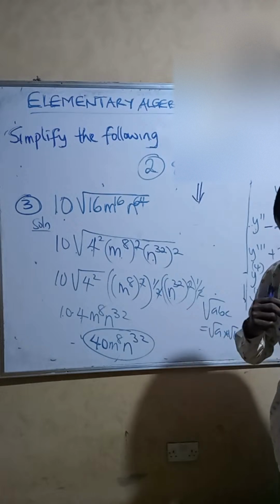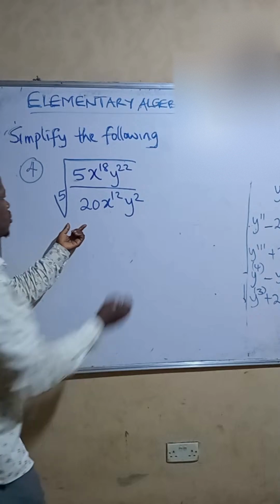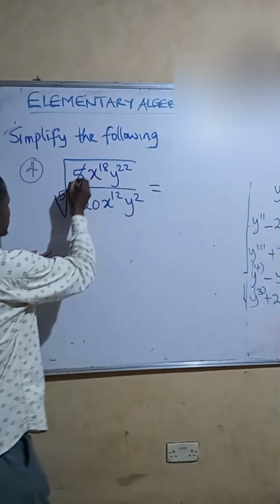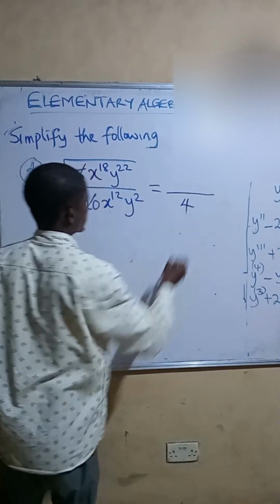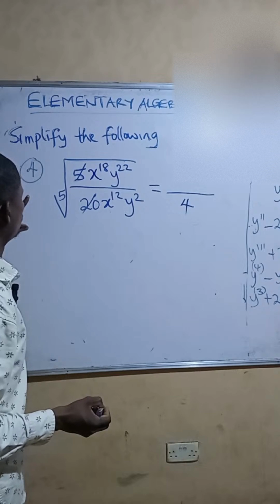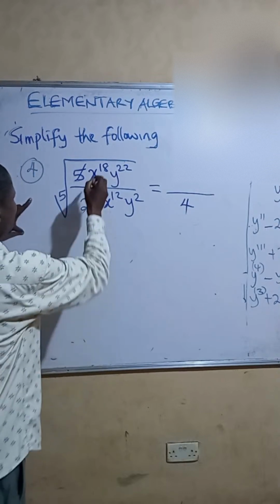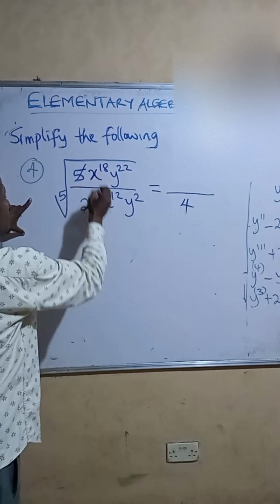Okay, so if you look at this one now, without wasting time, 5th root of 1, 5th root of 4. So we have 4 at the bottom there. Then what we can do now is apply indices to combine this one and this one together. The same base, and you are dividing.